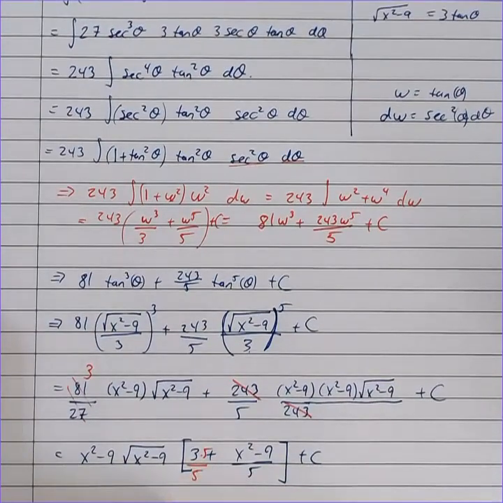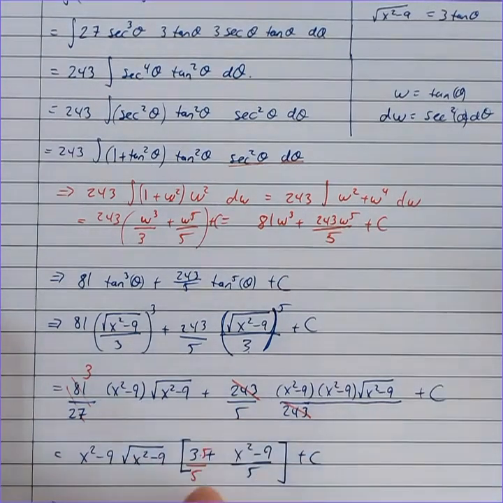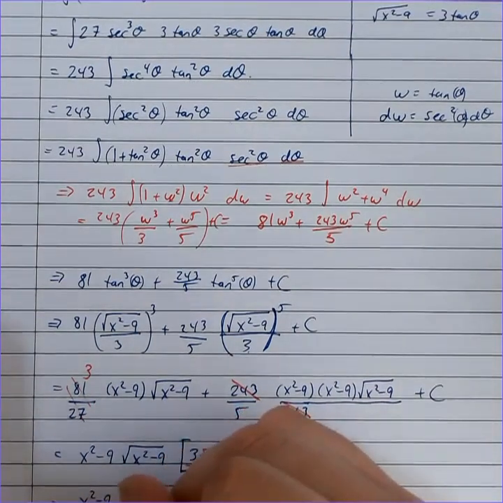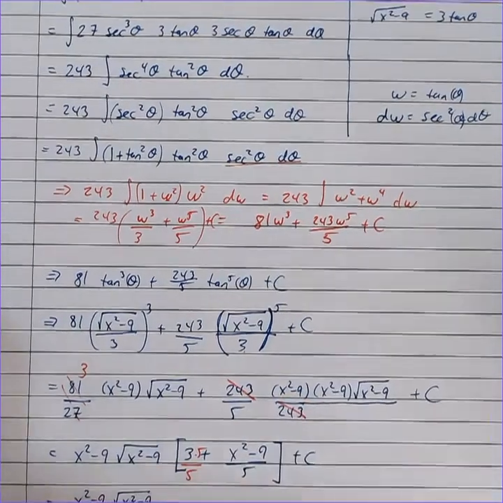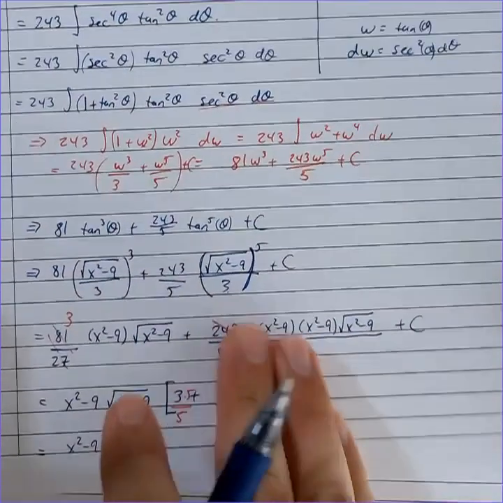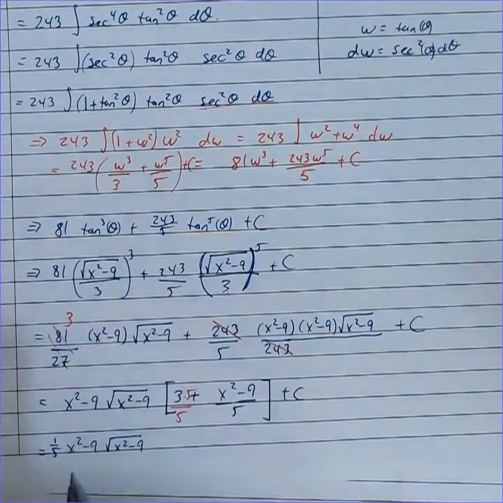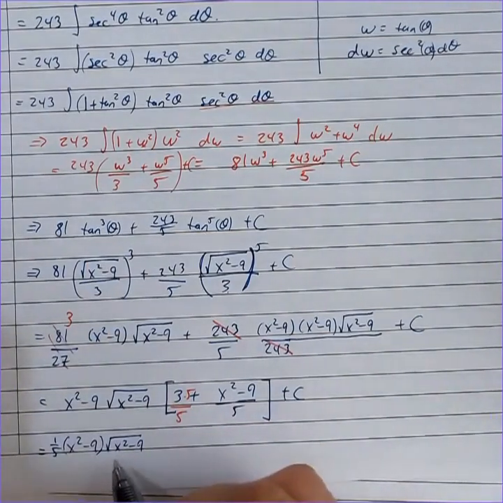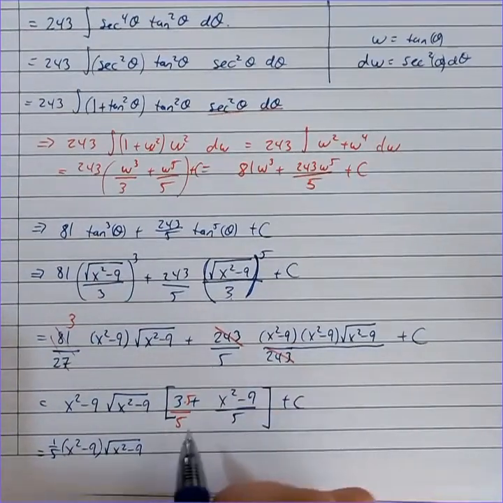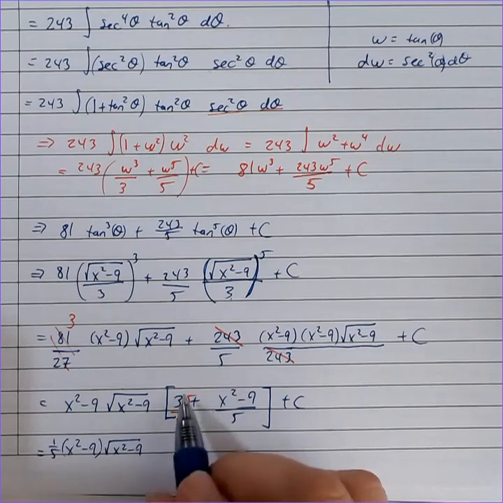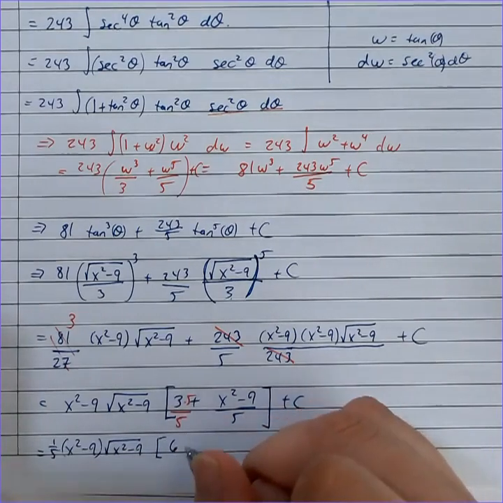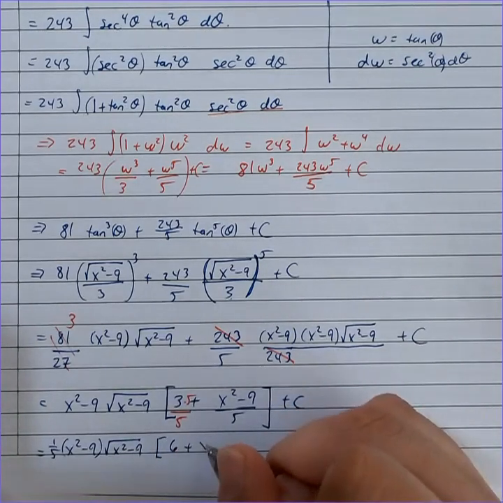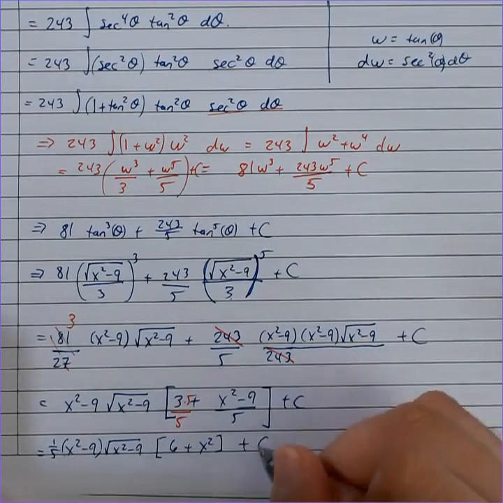Multiply top and bottom by 5, and so now that 5 is a common factor. We're factoring out that 1/5, so let's write that out front. Let's say 1/5 times x squared minus 9 times square root of x squared minus 9. And once that's gone, we have 15 minus 9. It's going to give us 6 plus x squared, plus our constant of integration.